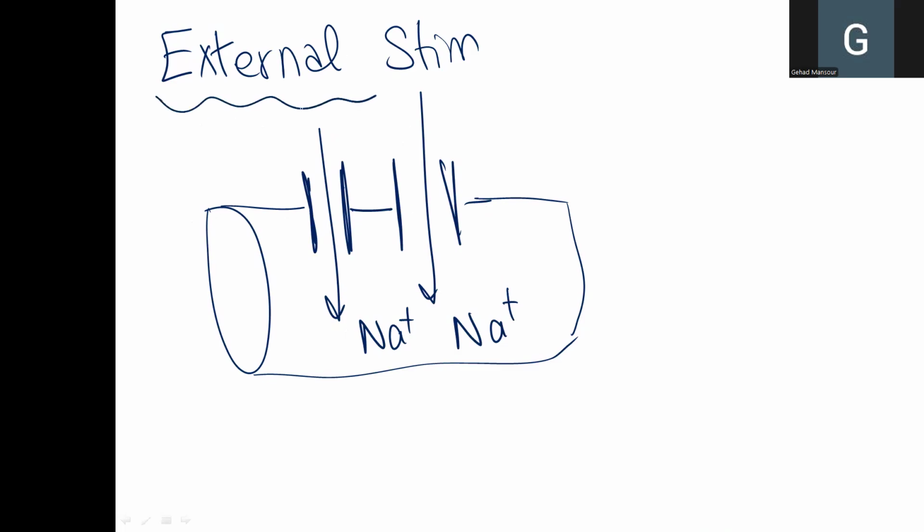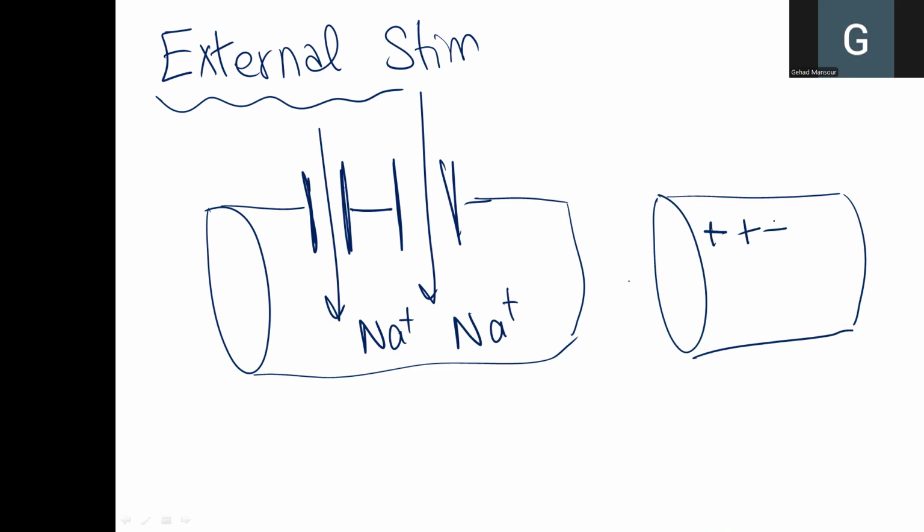So instead of having the outside positive and the inside negative, we will have the reverse. We will have the inside positive because of the entry of many positive ions inside, and the outside negative.